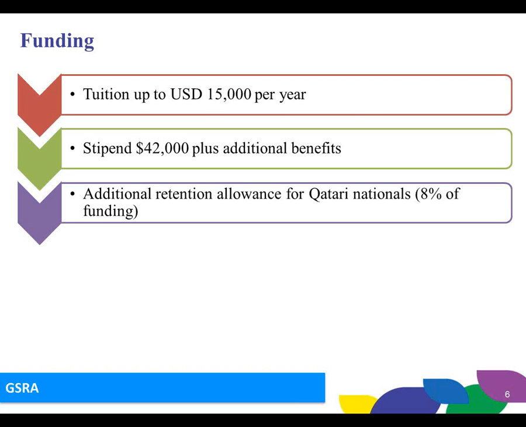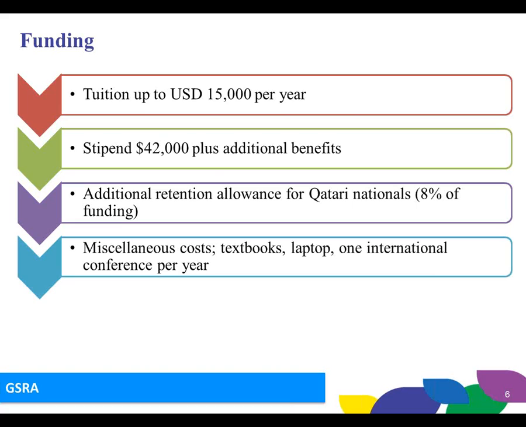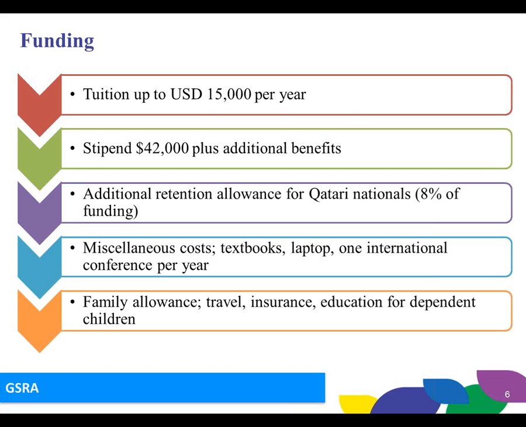Additional retention allowance for Qatari nationals is 8% of the funding. Now, miscellaneous costs will include any textbooks to be purchased, laptop. There will also be 1 international conference per year per graduate student. As I said, the benefits also include a family allowance category, which will include travel, insurance, and education for dependent children.